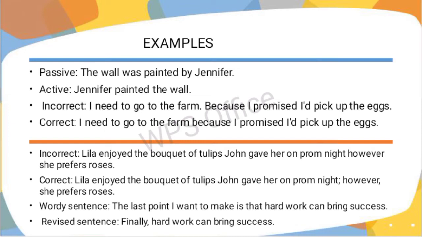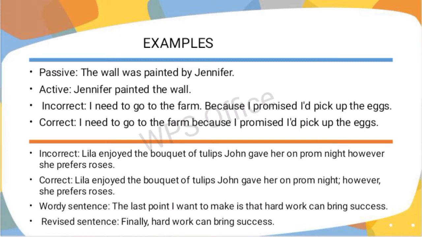The next one is, the wall was painted by Jennifer. And the active voice is, Jennifer painted the wall. So this sentence belongs to passive voice, because as you can see, the subject, wall, in the passive voice is at the beginning, while in the active voice it is now at the end.